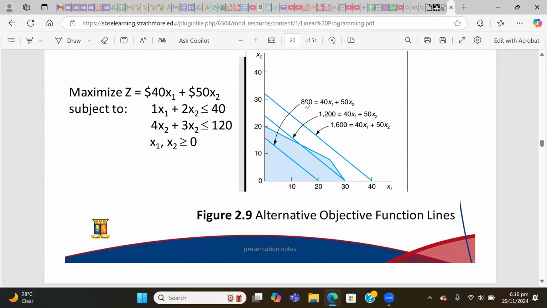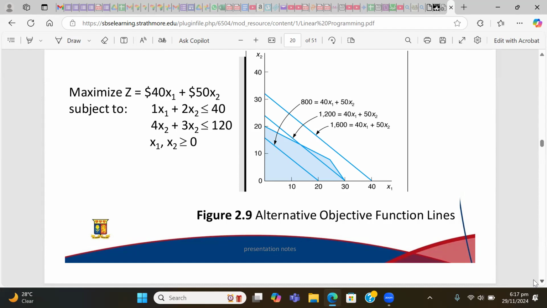And he got these values: 1600 with this line, 1200, 800. When he took a point from the line here, it's this. When he took a point from here, it's 1200. When he took a point from this line, which is outside of the constraint, that one definitely is invalid, the 1600.